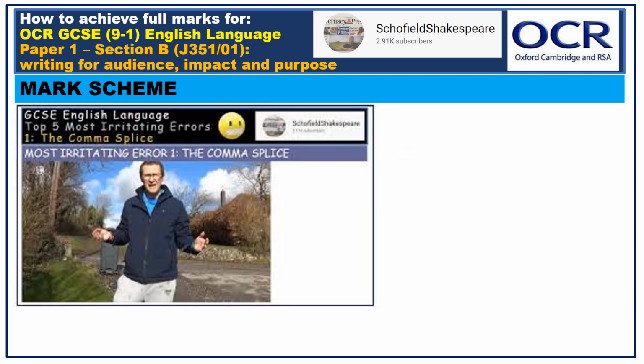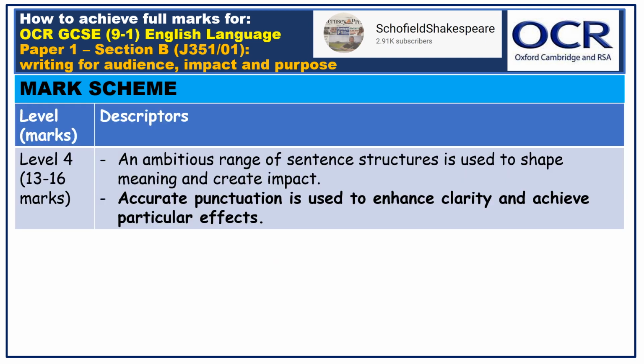If you found some of that explanation rather technical, I would recommend watching the videos shown here, which include a detailed explanation and examples of simple, compound and complex sentences. AO6 also requires accurate punctuation to enhance clarity and achieve particular effects, which for me means that you will need to use more than just full stops, commas, exclamation and question marks.